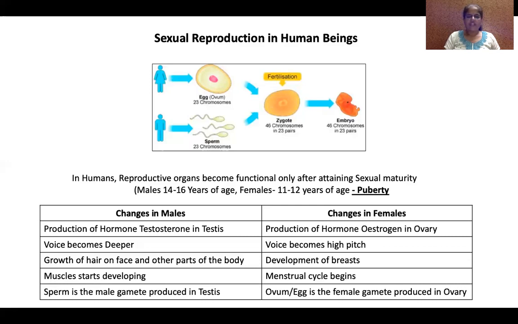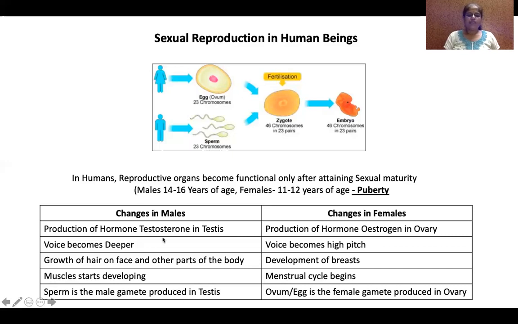For females, we can see development of breasts. For males, whole body muscles start building up, whereas in females, the menstrual cycle begins from puberty. What is the menstrual cycle? We'll see in a later stage.